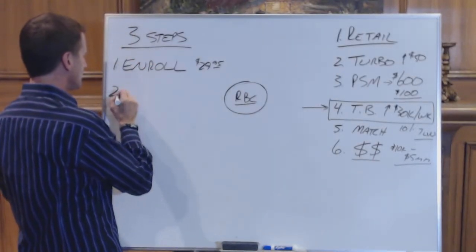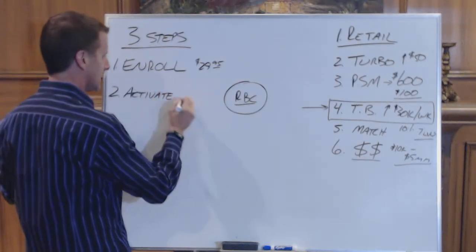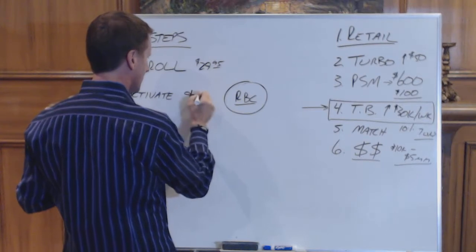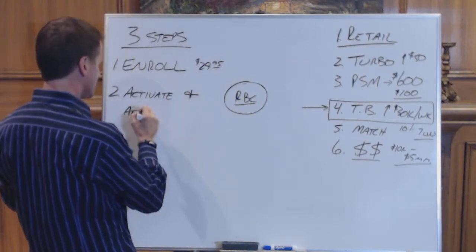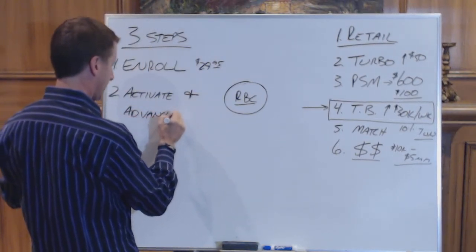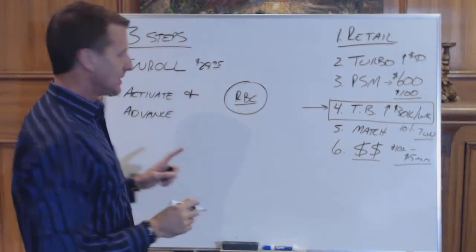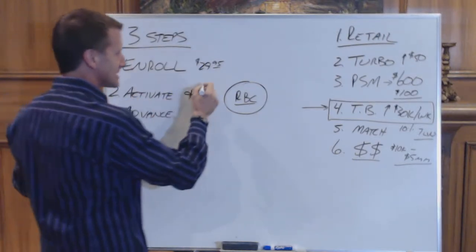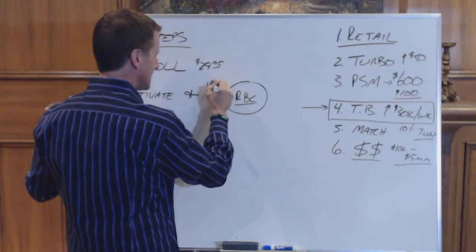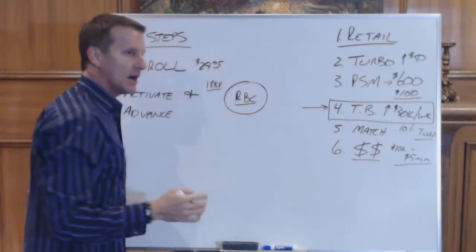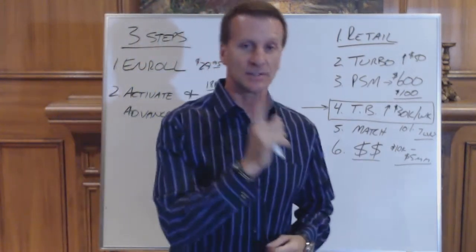Step number 2, you need to activate and you need to advance that business center. You can activate the business center with just 18 BV of product order. That's just one product.